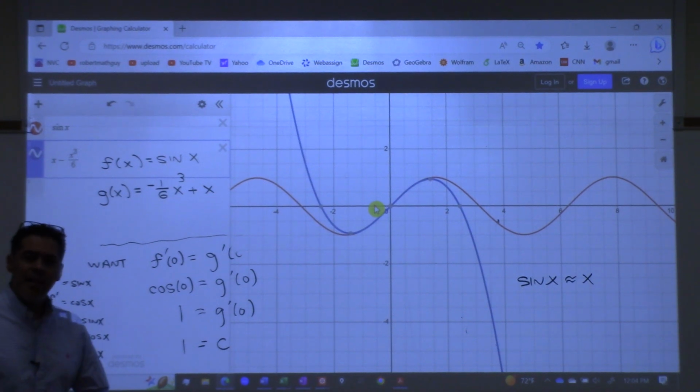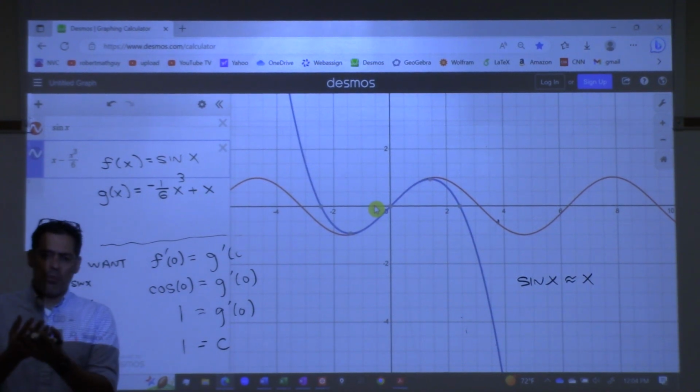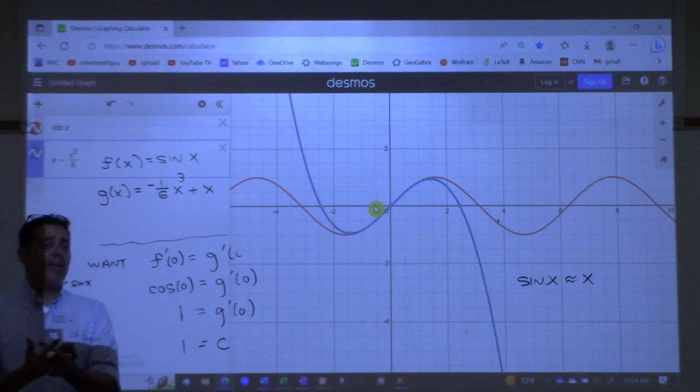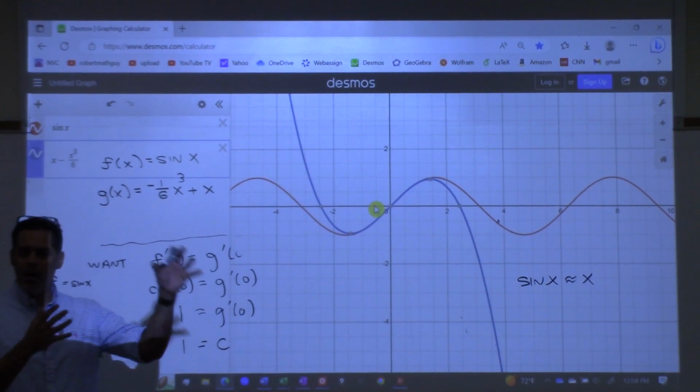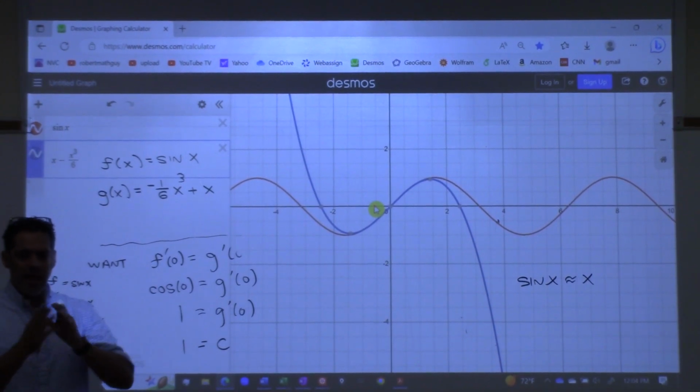All right, so do you get the basic idea? What we're doing is we're taking a function and we're saying, hey, is there a way that we can fit a polynomial to this function, at least near a point?